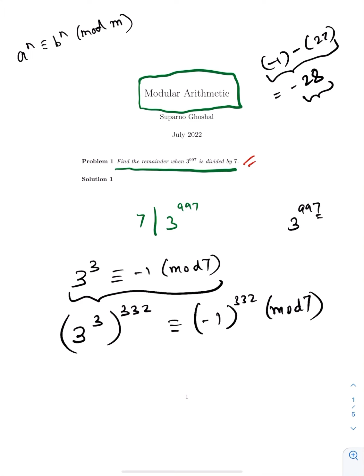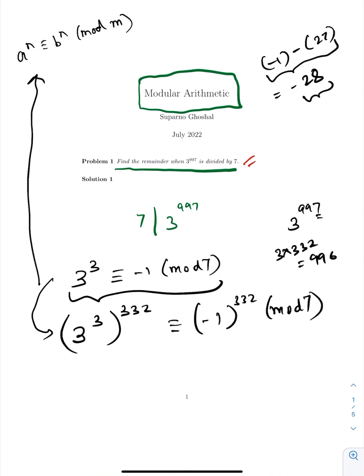And now we know that 3 times 332 is 996. Going from here to here is by using property 3. And now from here I can write that this is 3 to the power 996, which is equal to 1 modulo 7, because raising minus 1 to an even power should be plus 1.